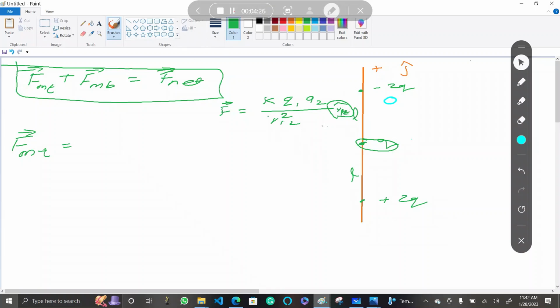So in this case we are going to find the field at this point, right? So our source charge would be this, and we are going to calculate the electric force at this point.